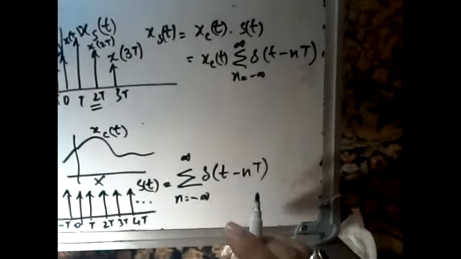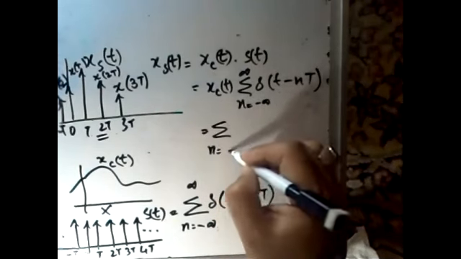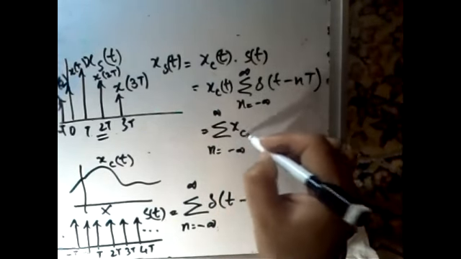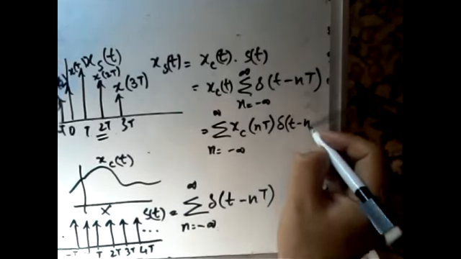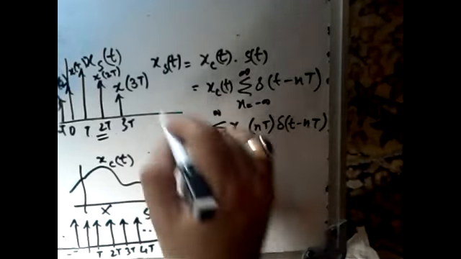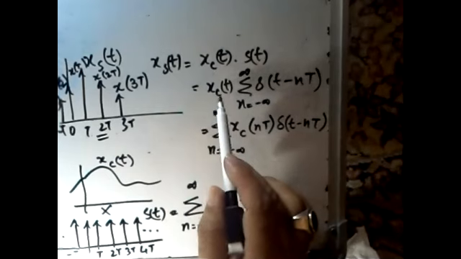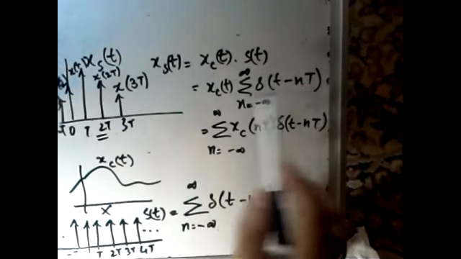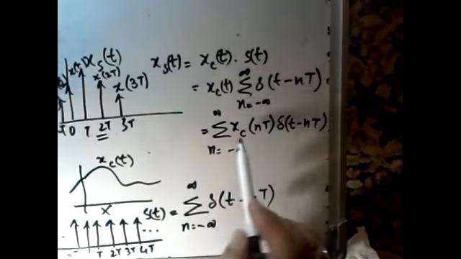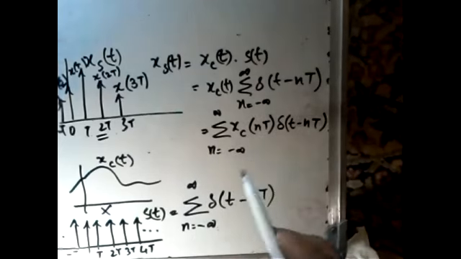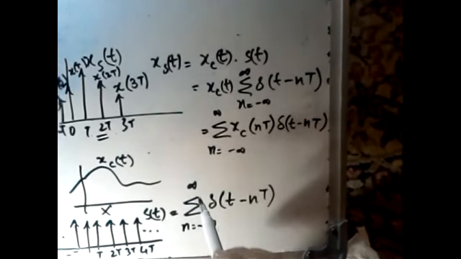So therefore, what you get is summation on n equal to minus infinity to infinity xc of nT delta of t minus nT. This is xs of t, because by the shifting property, whatever the value of delta of t minus nT, it becomes xc of nT, instead of xc of t it becomes xc of nT. And now this is what you get as xs of t.